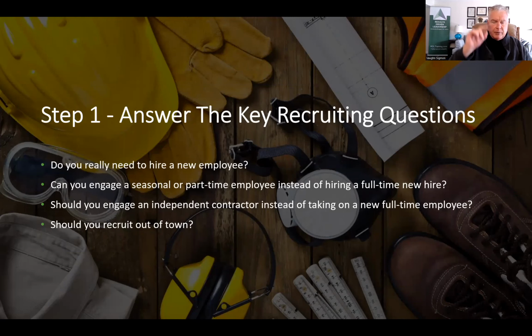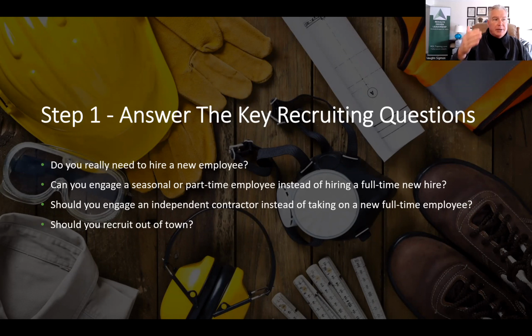So the first step of the process is we need to answer a few key recruiting questions. It may seem a little silly, but I've had to ask this question many times in my career in managing and leading teams: do we really need this employee? There are managers out there who just believe they need an extra hand, or somebody leaves and we have to replace them.